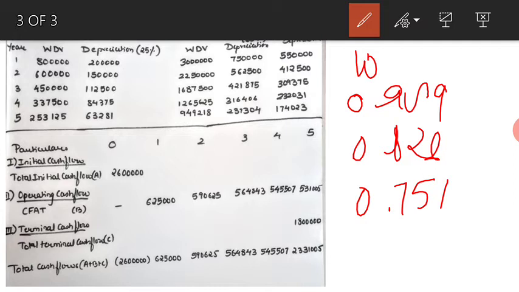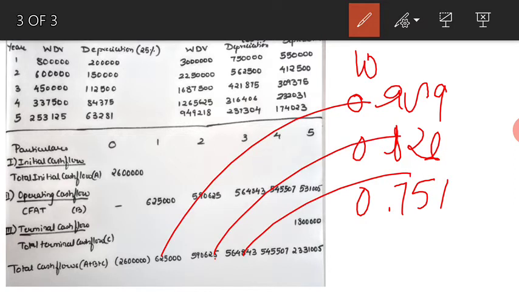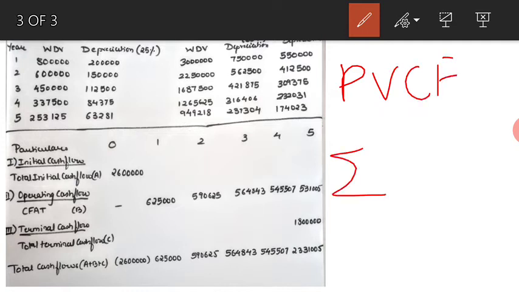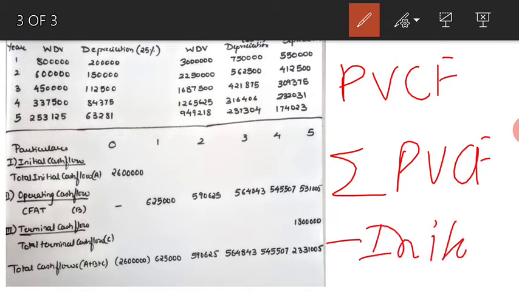Then we multiply these cash flows with these present value factors and ultimately find out the present values of cash flows. Once we find out the present values of cash flows, we find out the summation of present values of cash flows, and then minus initial investment. What is the initial investment? It is 26 lakhs.